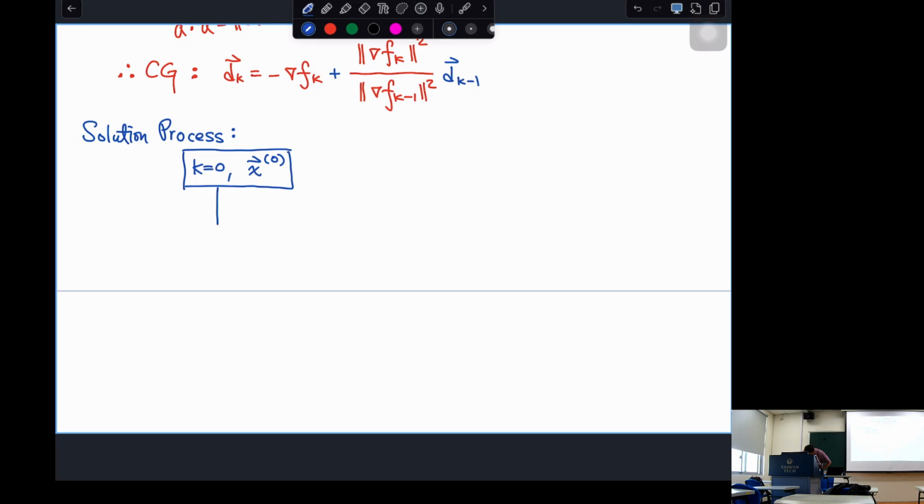Then all you need to compute would be your kth gradient.